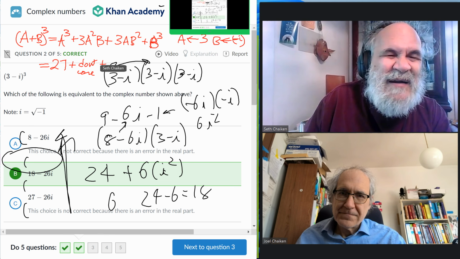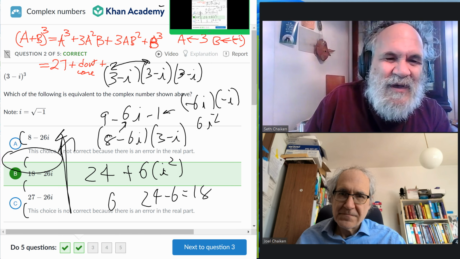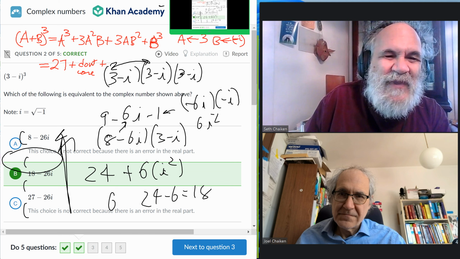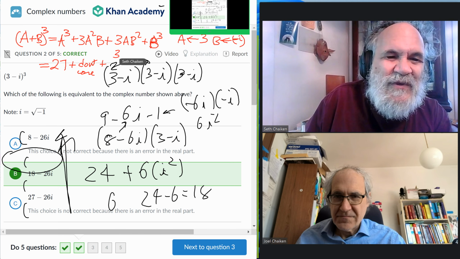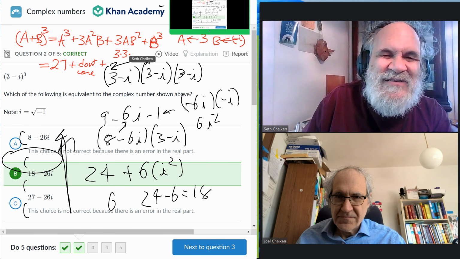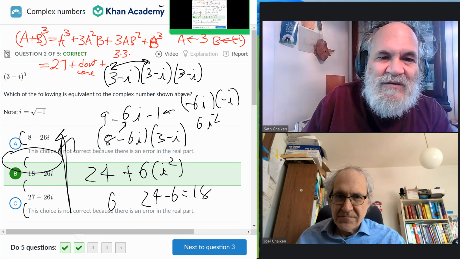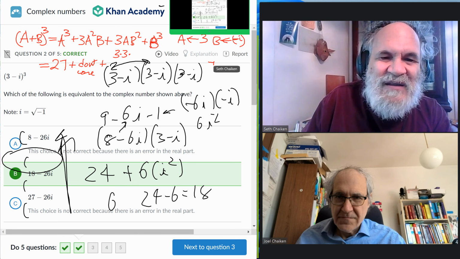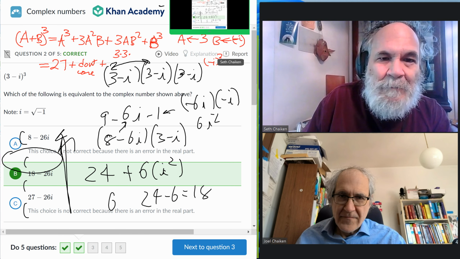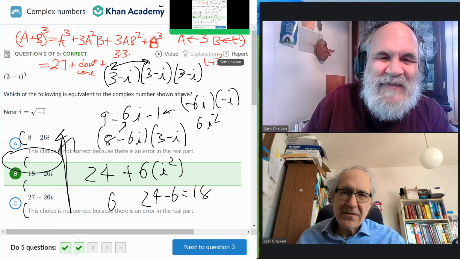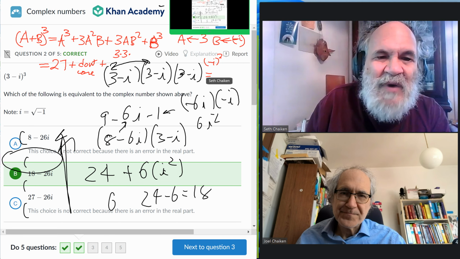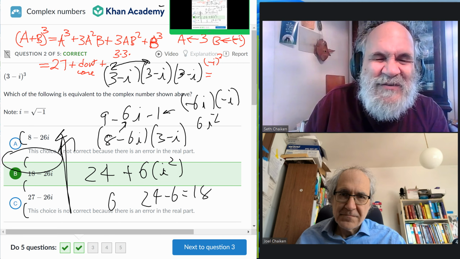Following the same pattern, 3ab squared is real. So let's calculate that. 3 is 3. a is 3. b is minus i. So we need to calculate minus i squared. Now, I'll remind people how to deal with this.